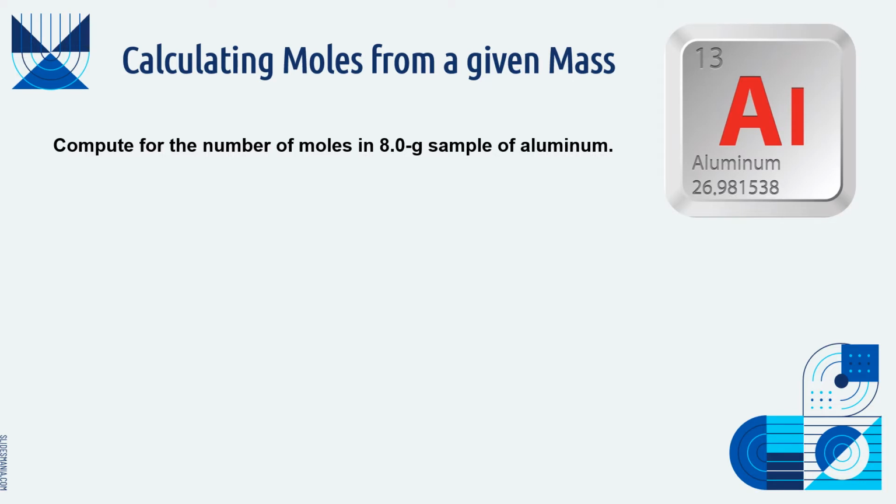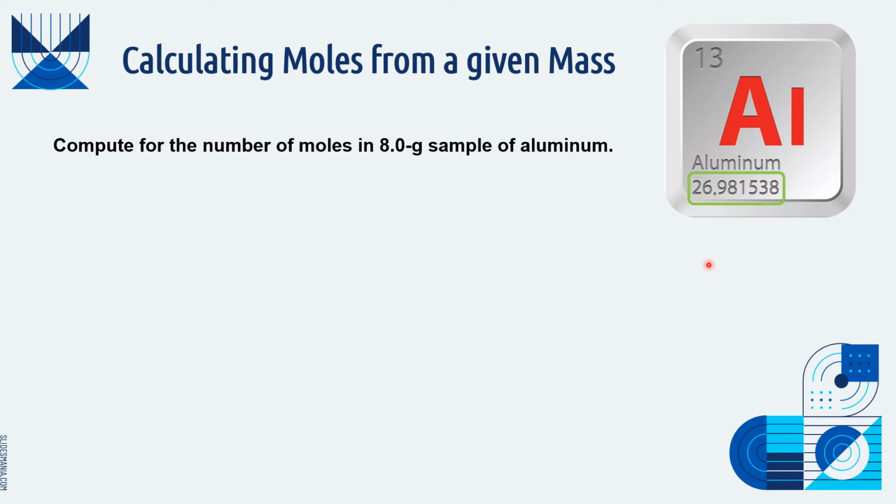How to get that? We always have to be reminded about the atomic mass of aluminum. The atomic mass of aluminum is 26.98158 atomic mass unit or gram per mole.